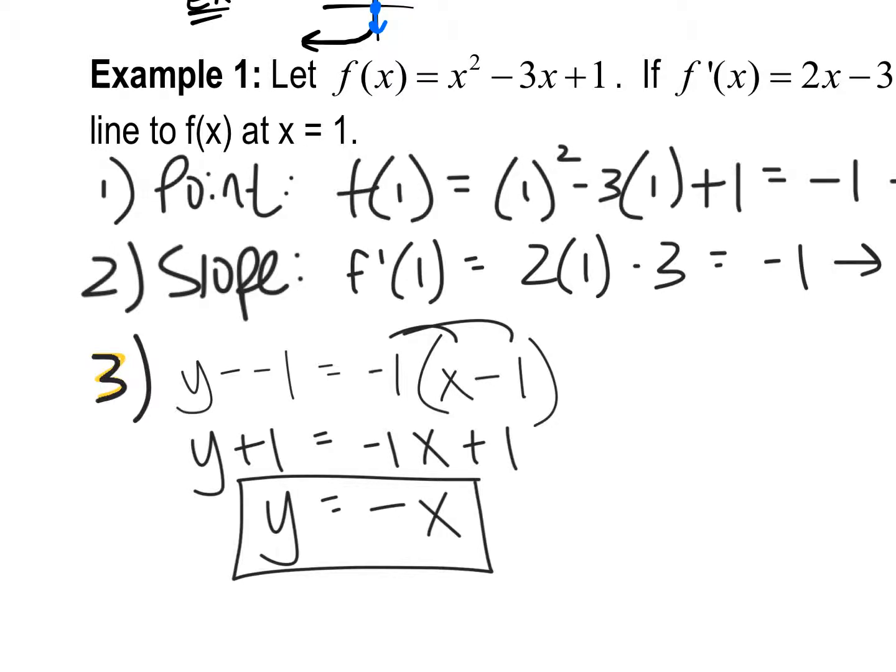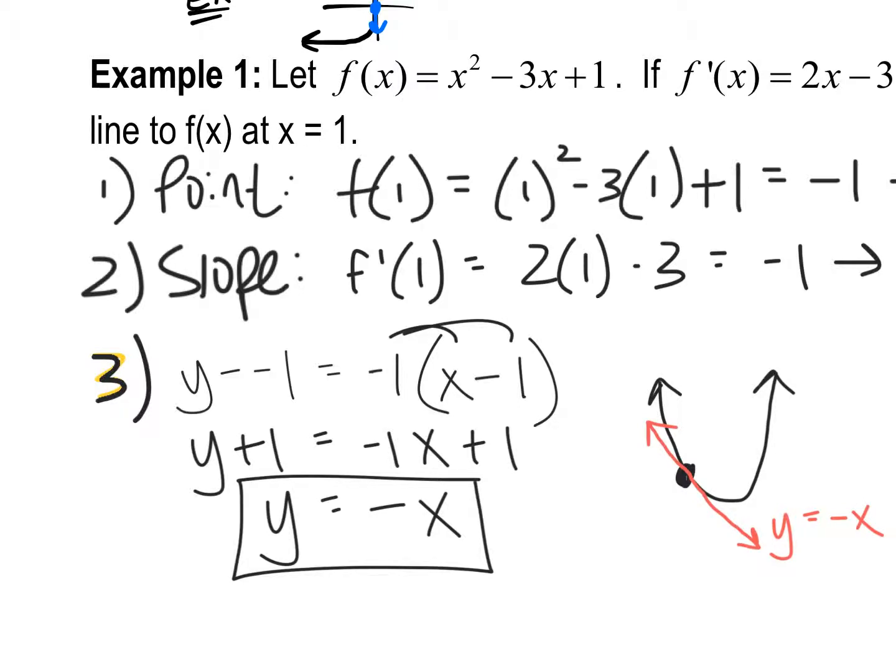Here's a little bit of a visual for you guys. This original equation here is a parabola, and it's an upwards facing parabola, so it looks something like this. And I already figured out that the point 1 comma negative 1 was on the graph, so that's somewhere right here. Cool. And I have a tangent line, which has a negative slope that looks something like that. And this equation of the tangent line is y equals negative x.